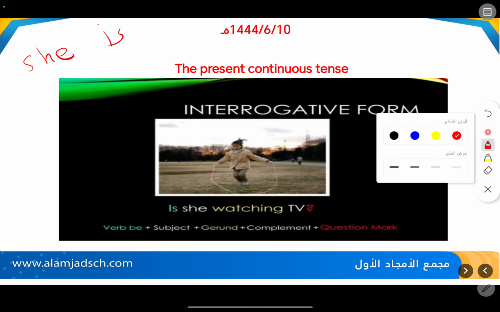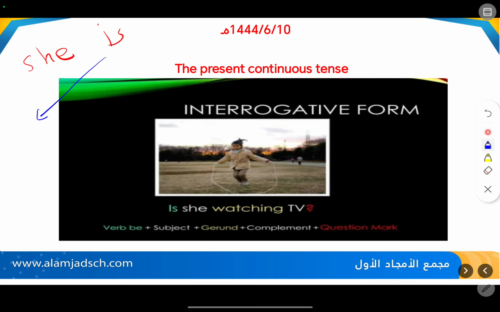What if I want to make a question? I have to start with the verb to be, for example, is, and after that add the subject pronoun, she. So the question will be, is she, instead of saying she is. Is she watching TV?